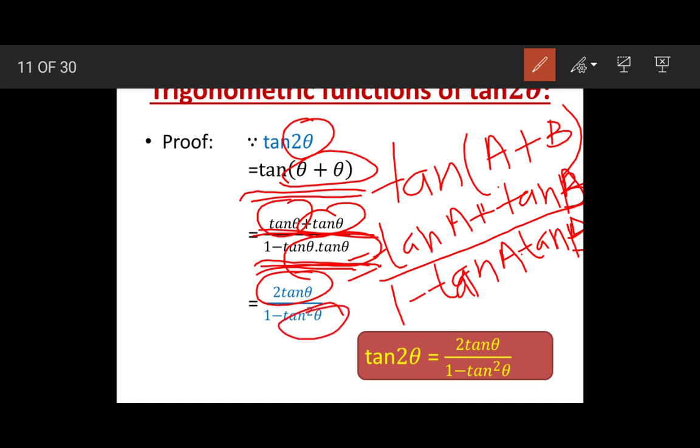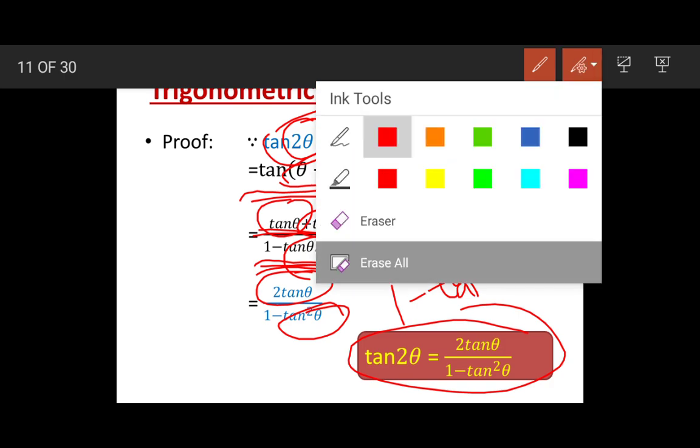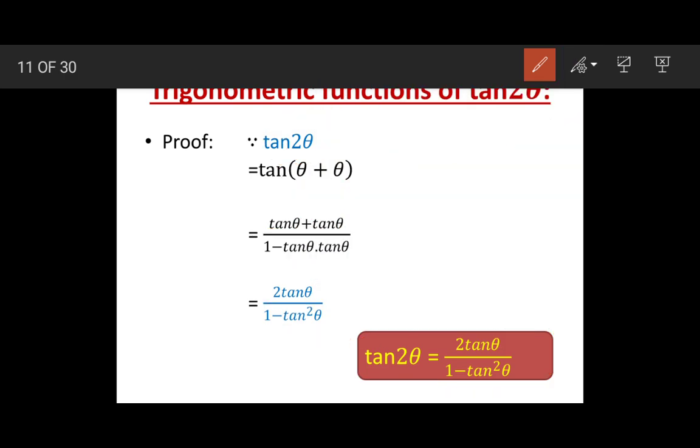So finally the formula for tan 2 theta is 2 tan theta upon 1 minus tan square theta. Class, for tan 2 theta there is only one formula, and the formula is tan 2 theta is 2 tan theta upon 1 minus tan square theta.